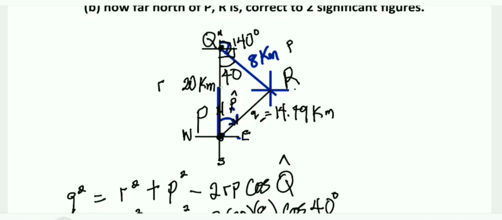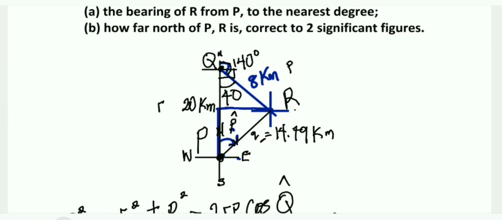R is somewhere here on this line. So what is that distance north of P to where R is?